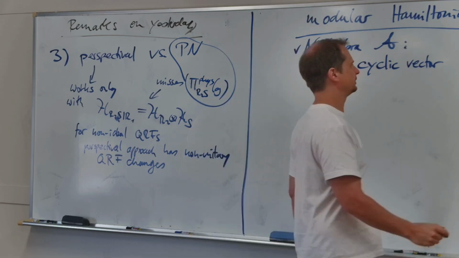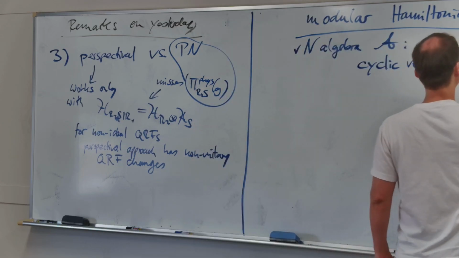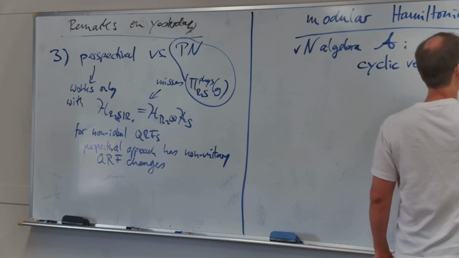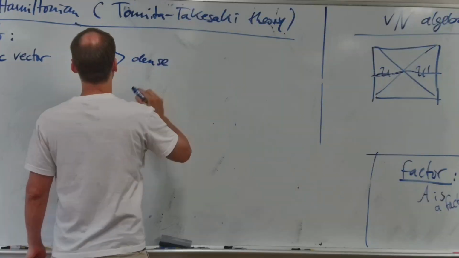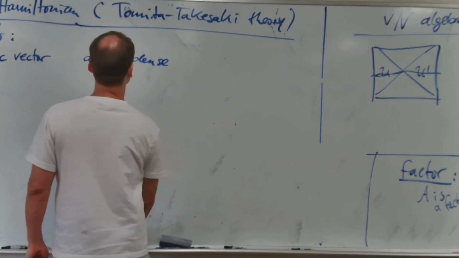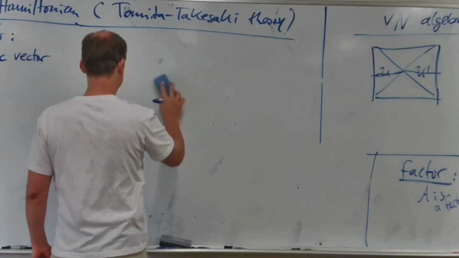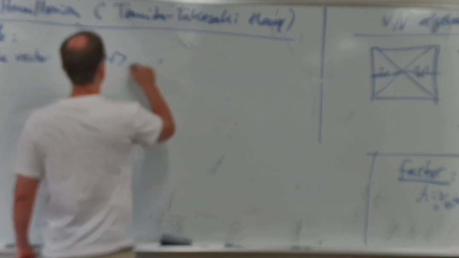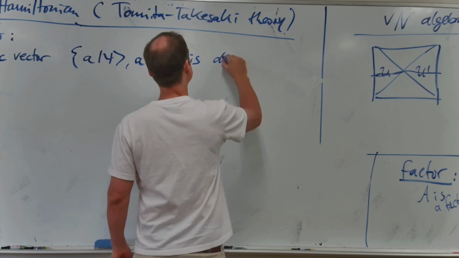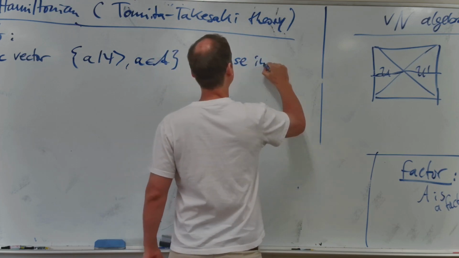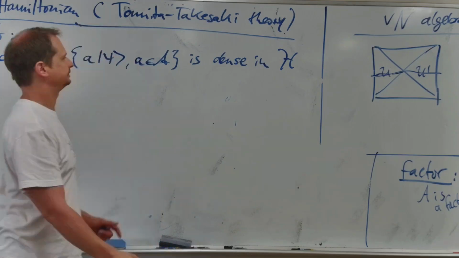The cyclic vector means that Aψ is dense in the Hilbert space.